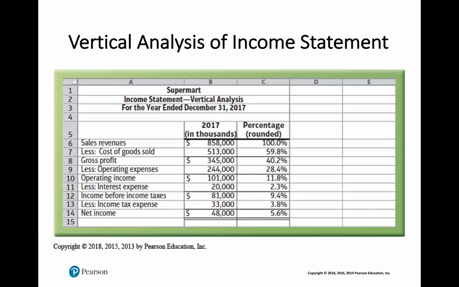So again, for every dollar of sales revenue, 59 cents or 60 cents would be going to our cost of goods sold, leaving us 40% left over for our gross profit. Then 28 cents would go to operating expenses. So we'd have operating income of about 12 cents for every dollar we sell. Then we have some interest expense, 3 cents or 4 cents, and rounding up, income taxes.